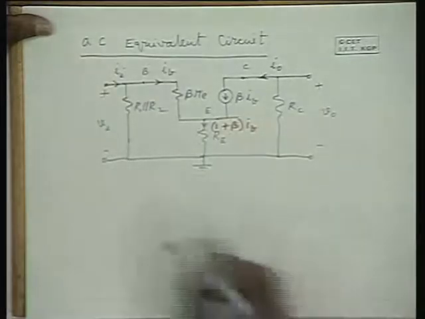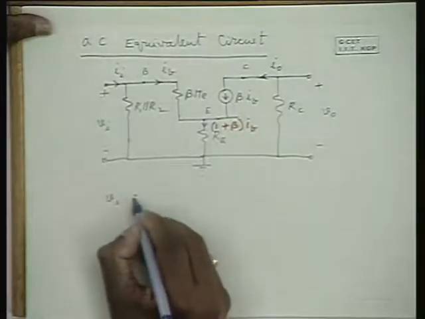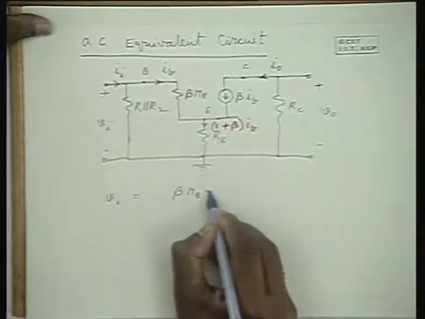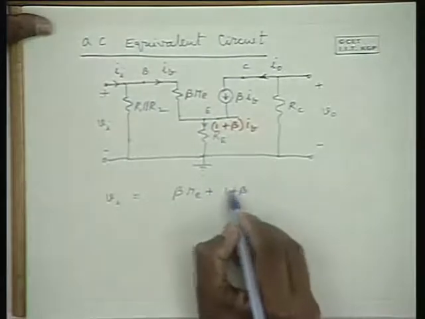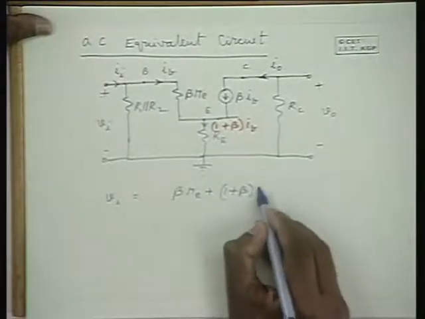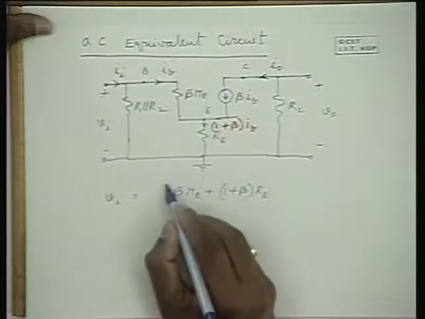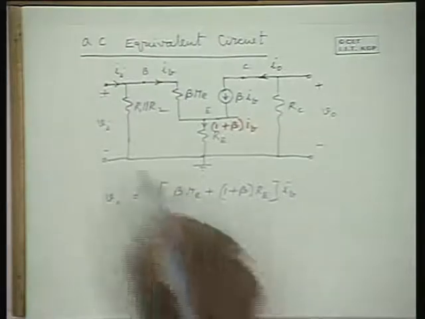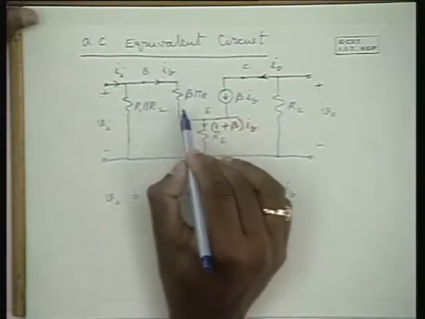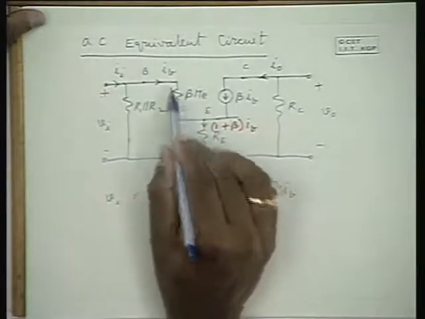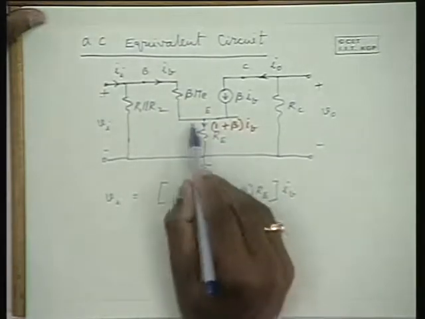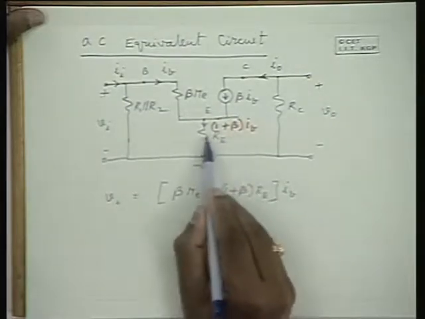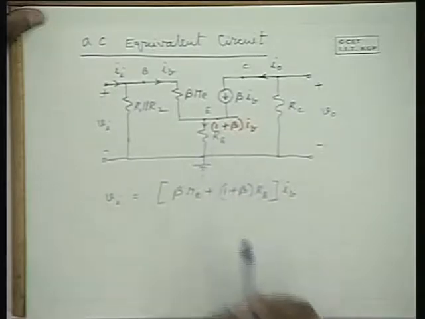That will give us VI equal to beta RE plus 1 plus beta into RE, whole into IB. So this voltage drop is equal to the voltage drop across beta RE, that is beta RE into IB, plus the voltage drop across this resistance, and that is 1 plus beta into IB into RE.